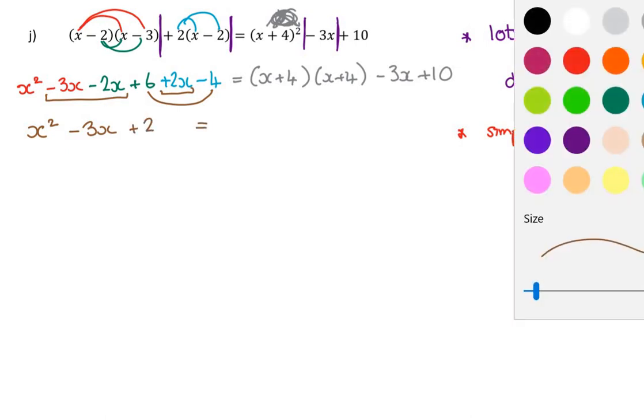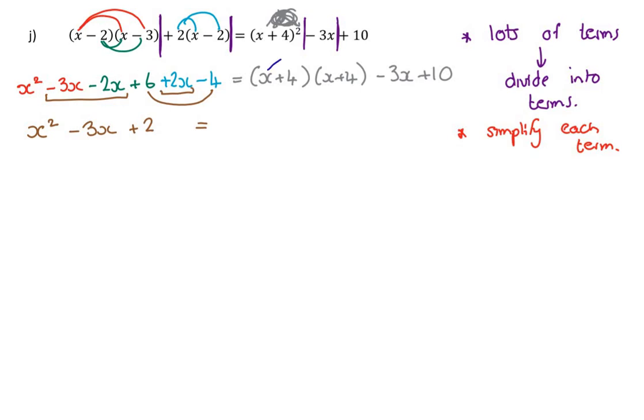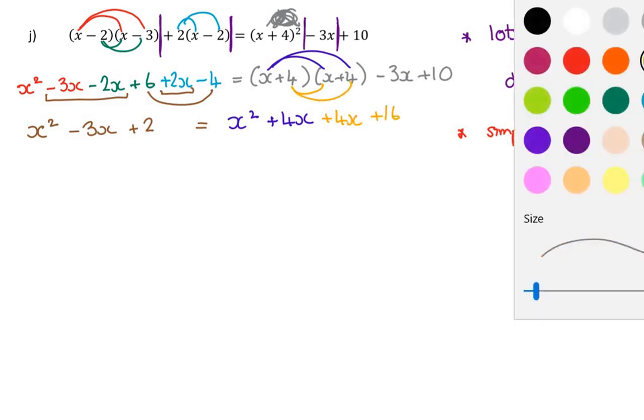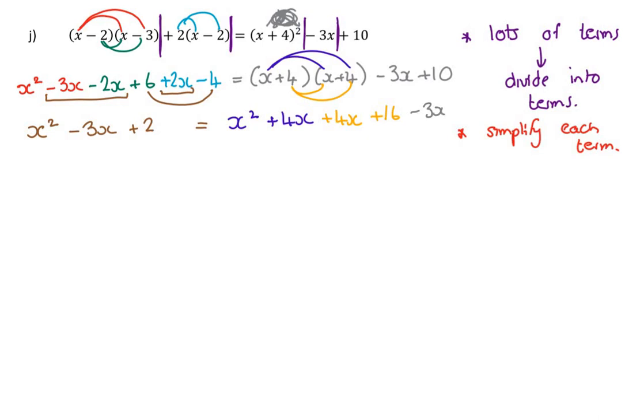On the other side, there's still some work to be done. So x times x is x squared plus 4x, and then plus 4x plus 16, and then minus 3x minus 10.